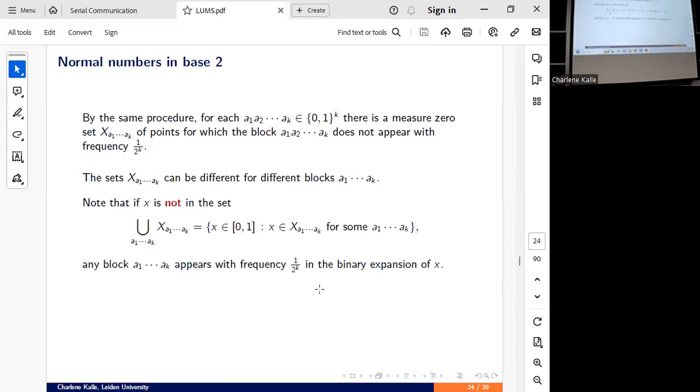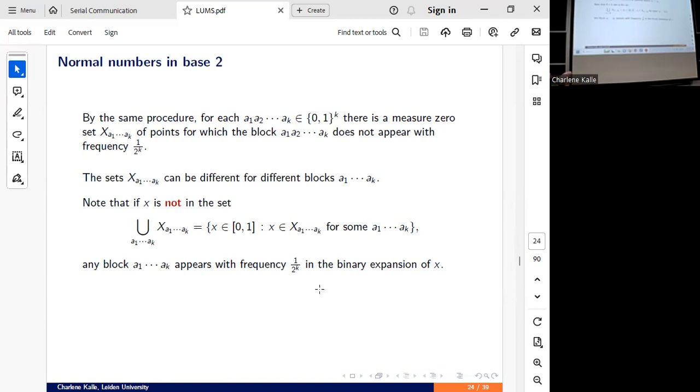But note that if x is not in the union of all of these sets, this means that it will be normal in base 2. So if we take the union of all these measure 0 sets, then we get the set of x's that are in the measure 0 set for some of the blocks.